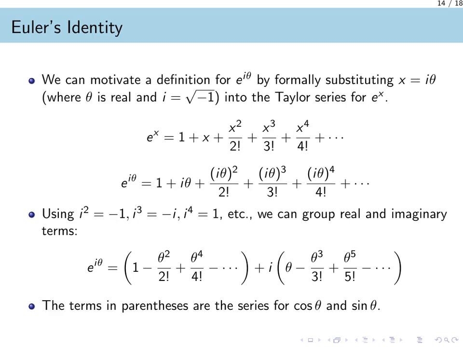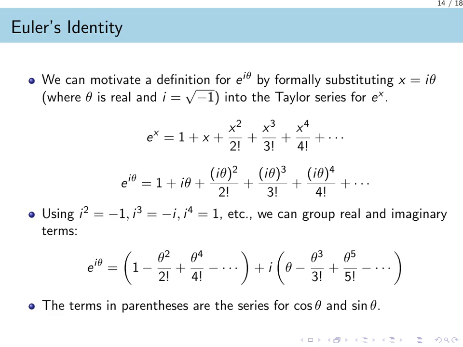We will now formally replace every instance of x with the quantity i times theta, where theta is a real number and i is the imaginary unit, the square root of -1. After substituting, our next step is to simplify the powers of i. Remember that i squared equals -1, i cubed equals -i, and i to the 4th power equals +1.